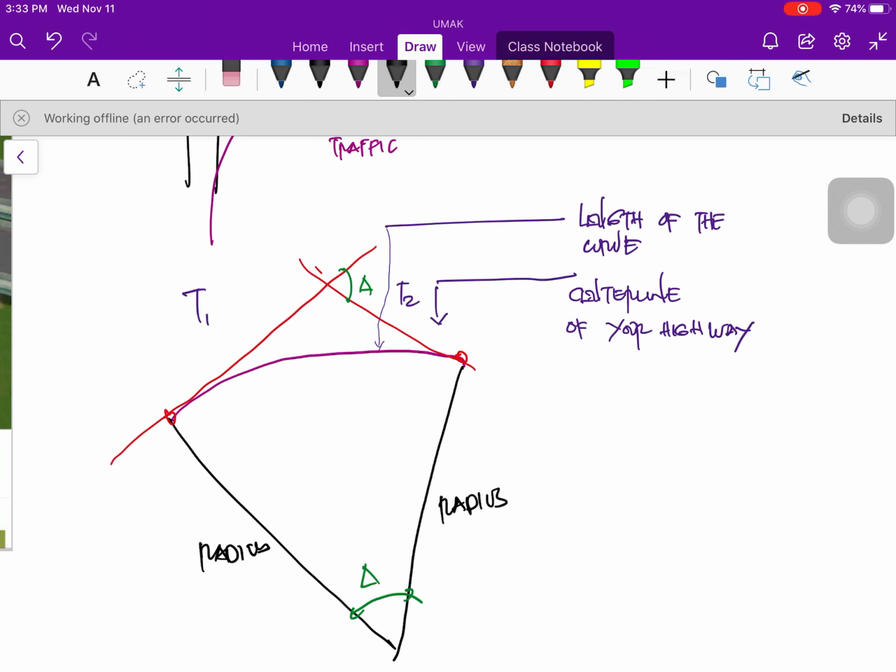If you add another element, the point where the tangency starts, it's called chord. Where the curve starts is called the point of curvature, and this one is the point of tangency.